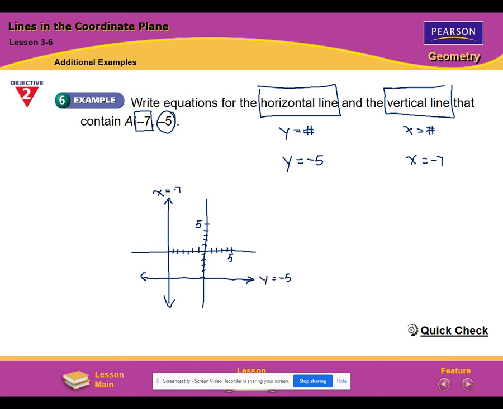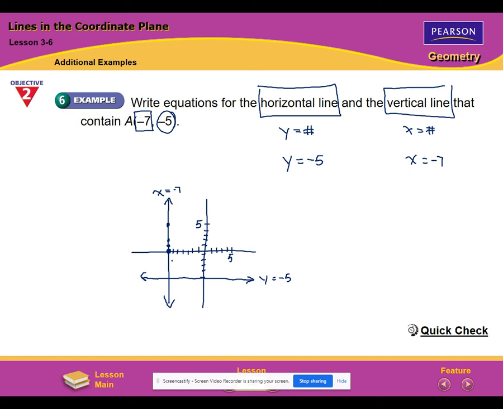Why is that? Well, look at the line x equals -7. Here's the point (-7, 0). Here's the point (-7, 1), (-7, 2), (-7, 5). Up here would be (-7, 10), (-7, 20), (-7, 100), (-7, 1 million). Going negative, (-7, -1), (-7, -2). The key characteristic there is that the x is equal to -7.